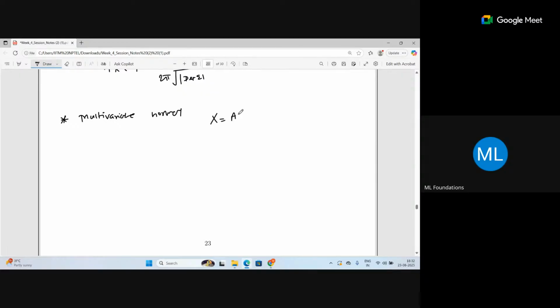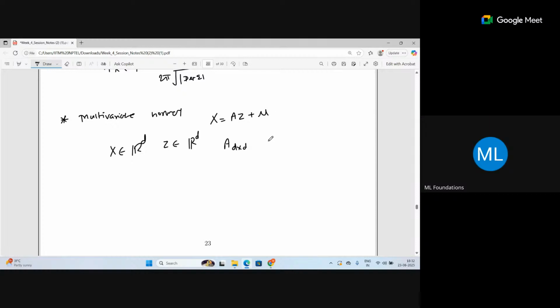Let's say x equals A z plus mu, where x is in R^d, z is also in R^d, and A should be a d cross d matrix.